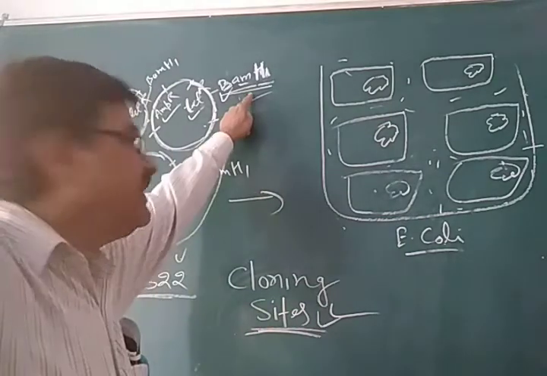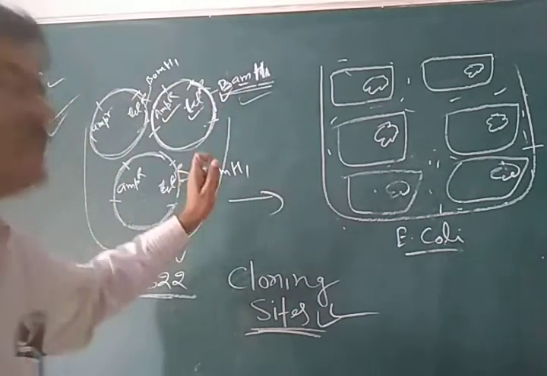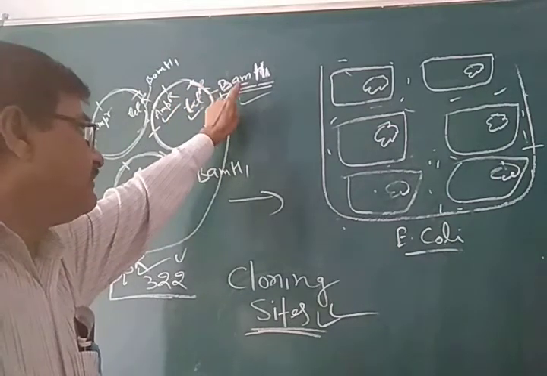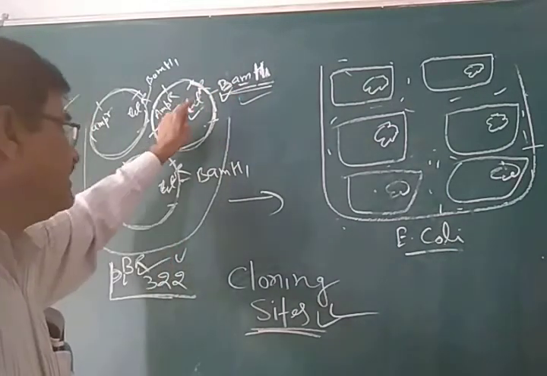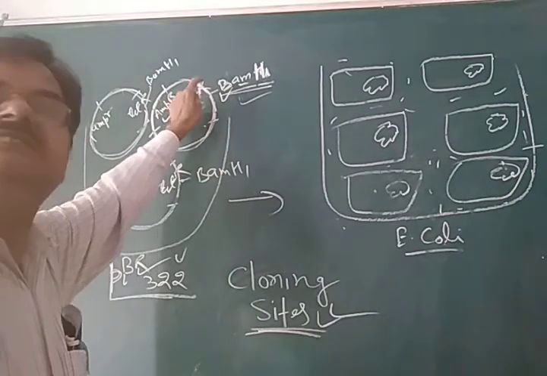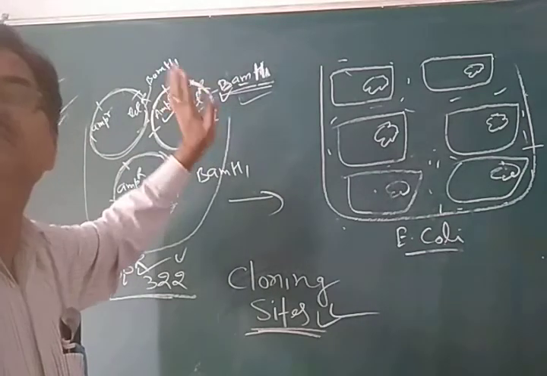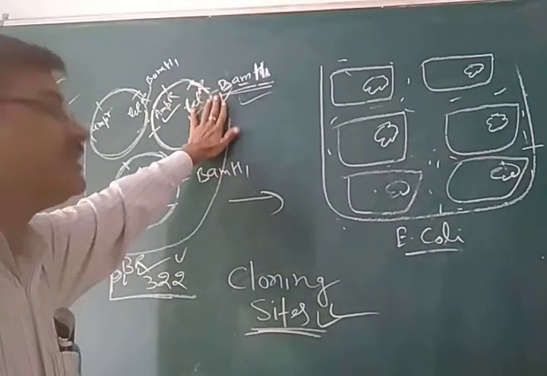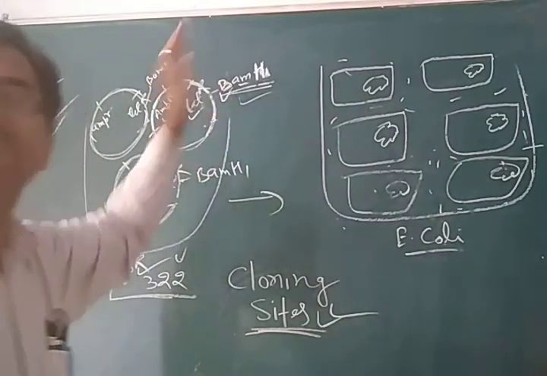Because BamHI has the recognition site in the tetracycline resistance gene, this restriction enzyme will cut the DNA at this tetracycline resistance gene.